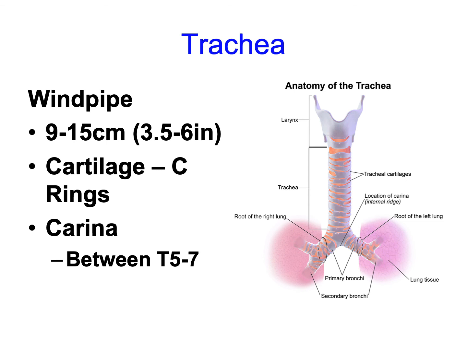Another review: right lung has 3 lobes, left lung has 2 lobes because the heart's in the way. So you have a total of 5 lobes for both lungs. The left bronchi is at more of an angle than the right because of the heart. There's also a cough stimulation.